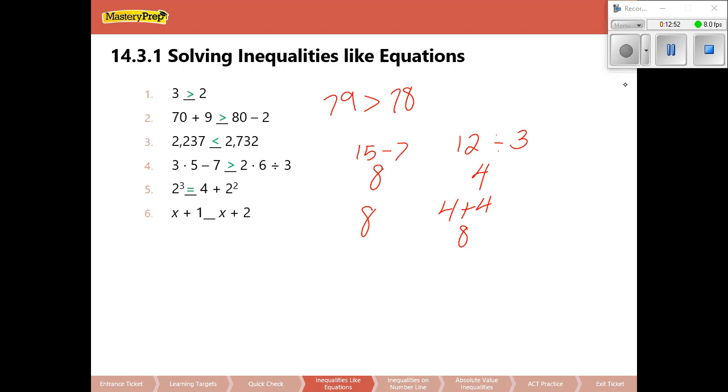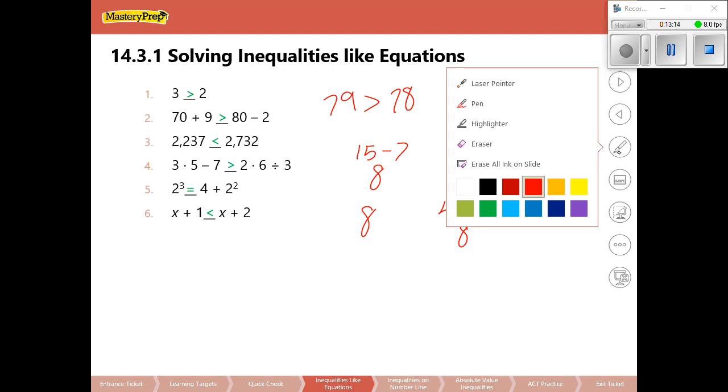x plus 1 and x plus 2. It would be less than, because x for a variable in any expression is always going to be the same. Any variables that are the same will have the exact same value. So for this, I'm going to erase all the ink.